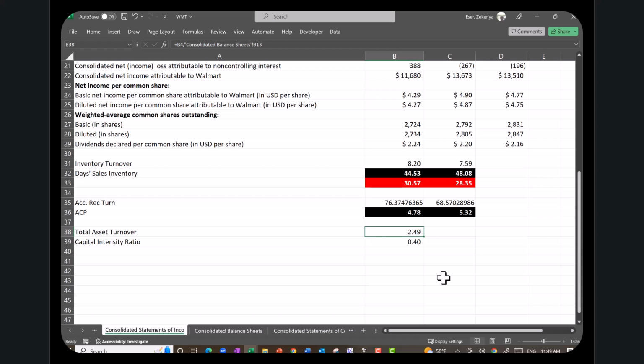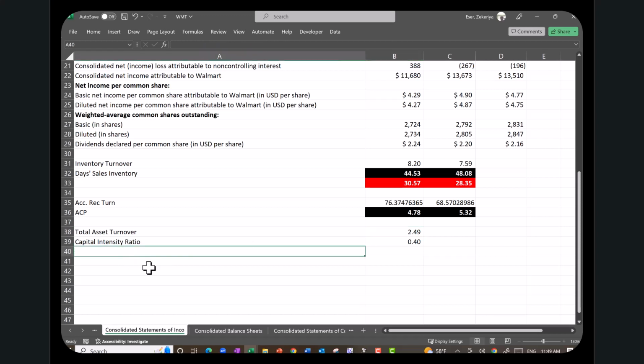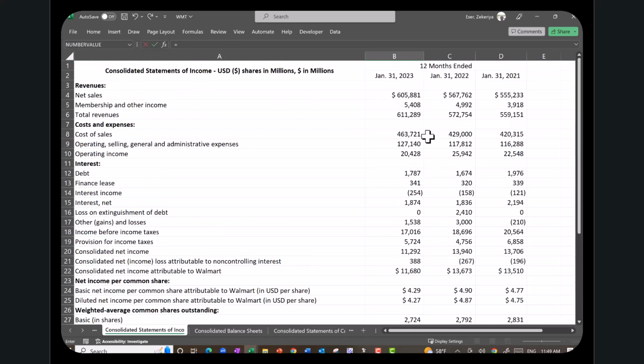It's just a different way of looking at it. And with capital intensity ratio, you can actually do some funny stuff. You can say short-term capital intensity. And you could call that current assets divided by sales.